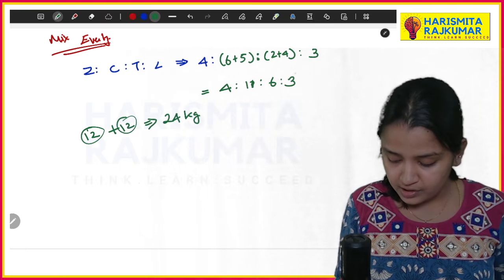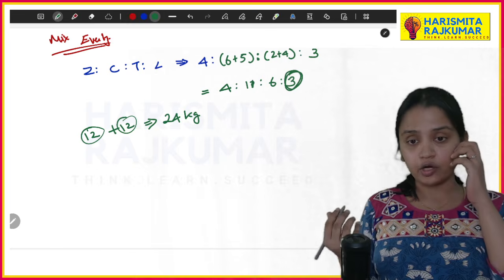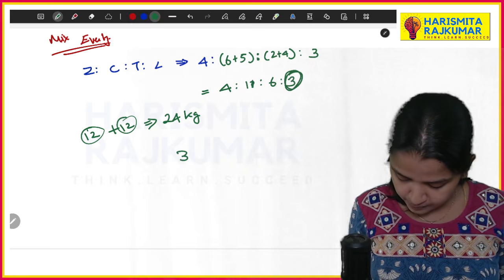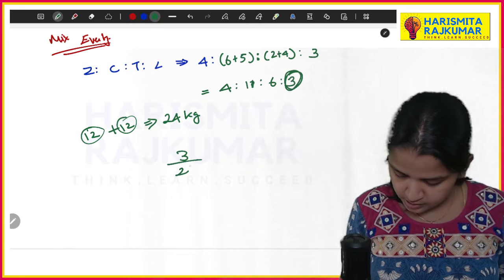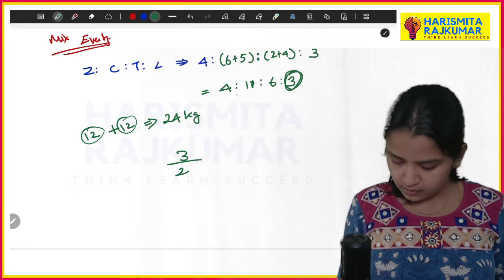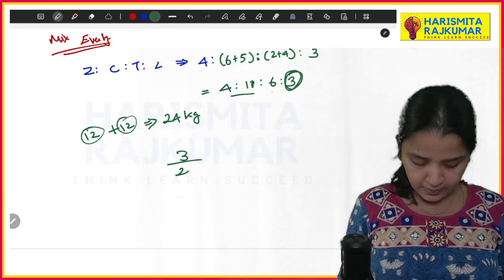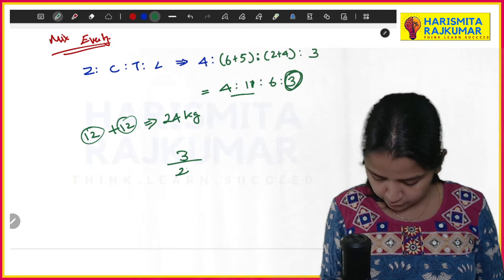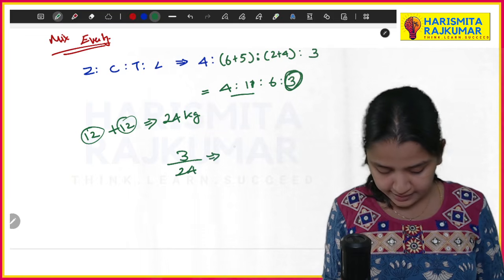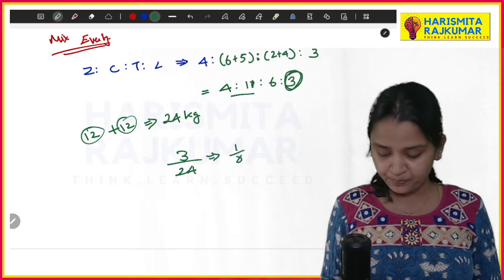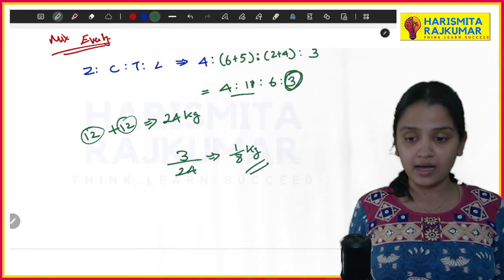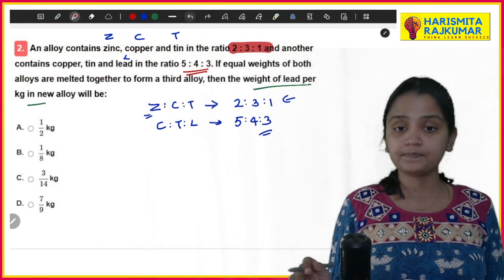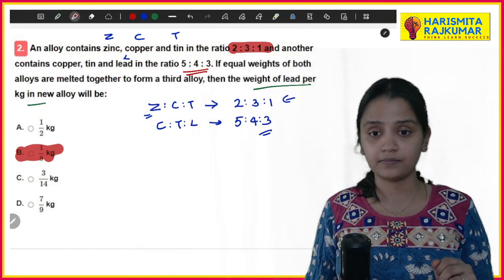In 24 kg, the weight of lead is 3, so 3 by 24, which is 1 by 8 kg. That is your final answer. I hope you understood this question. Now let's go to the next one.